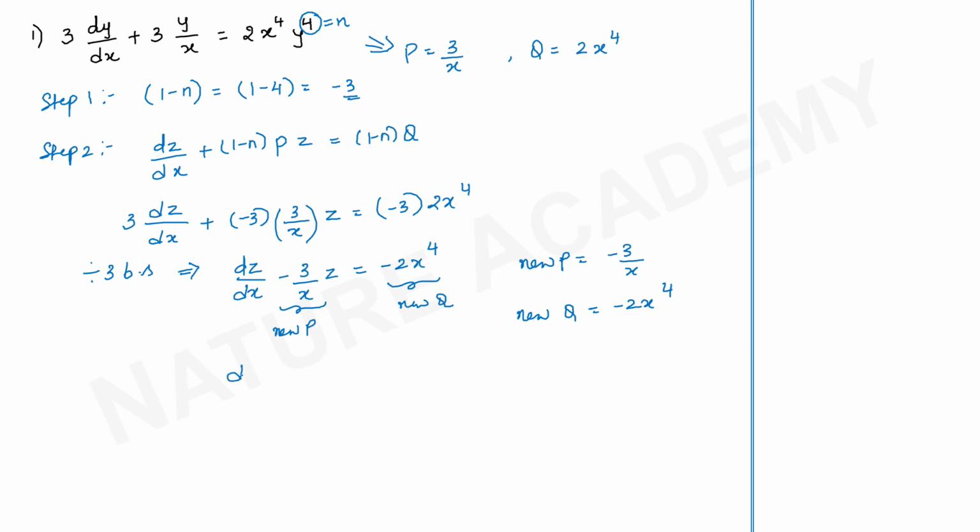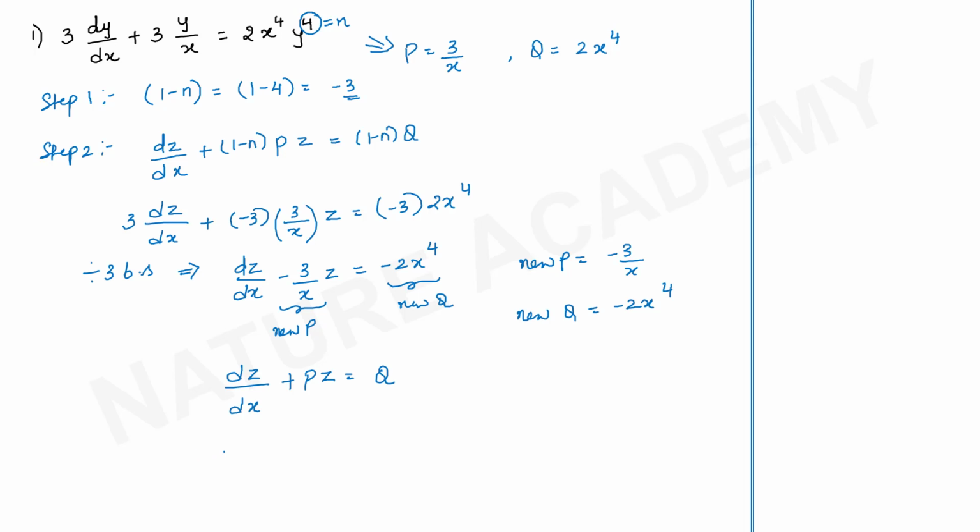And the given equation is now reduced to the linear form, dz by dx plus p into z equal to q. This is a linear form.